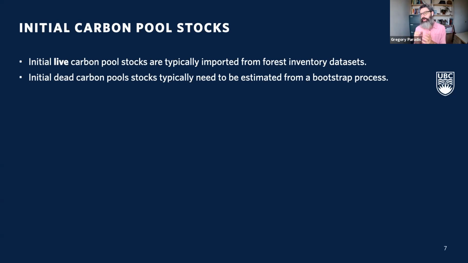And that primes all the dead organic matter pools. When that system reaches a steady state, they stop the wind-up process, and then you can start simulating from the present forward, assuming you want to project hypothetical forest carbon trajectories into the future.